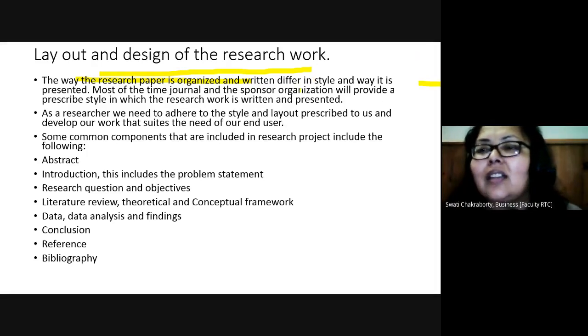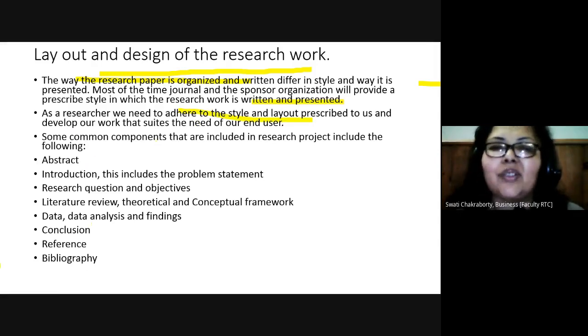Everyone has their own style, way of writing. So accordingly, you as a researcher will have to abide by that style or the layout that is prescribed to you, because your work has to meet the need of the end user.